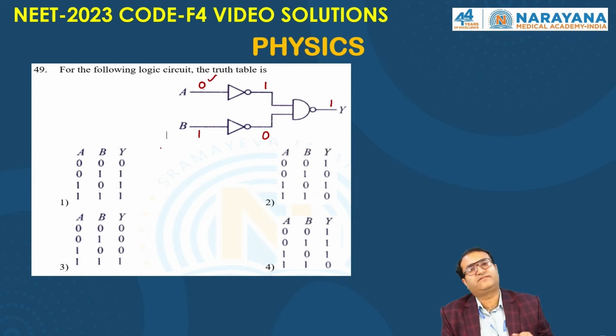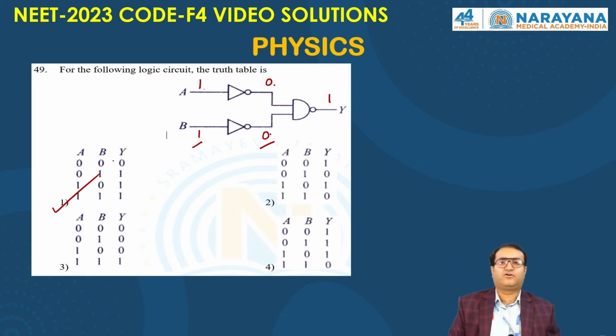Similarly, for 1 and 0, it is symmetric, its output will be 1. Now I'll write for 1 and 1. For 1, it is 0. For this one, it is 0. For 0 and 0, it is 1. So it is simply the truth table of OR gate. I'll go with the first option here.